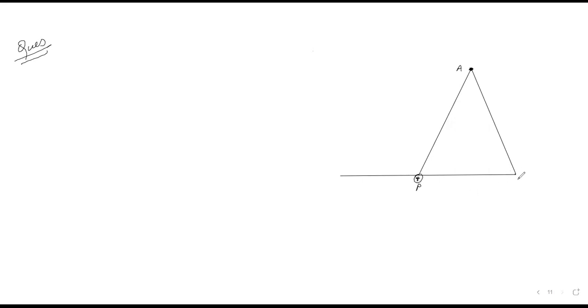At this position, the negative charge is placed. This is your point T. And the normal drawn on the horizontal line is B. The separation between B and T is 0.05 meter, and it is 0.05 meter.